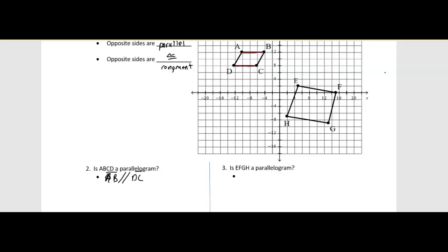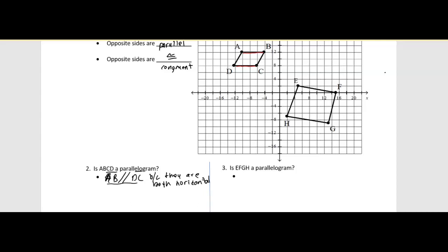For this one, there really is no work involved. We can make this statement just by looking at that value. We can do that as long as we have horizontal lines or vertical lines. So when we look at AB and DC, we can say right away that these are parallel, simply because they are both horizontal. And that's really all the work that we would need to show or say.